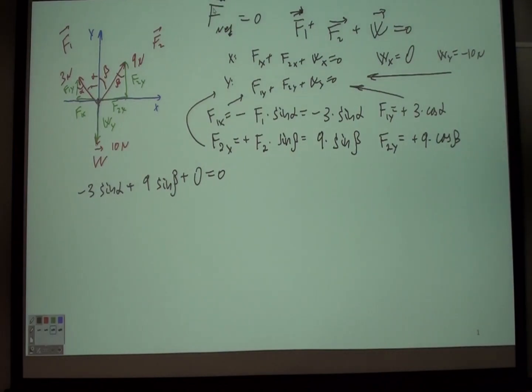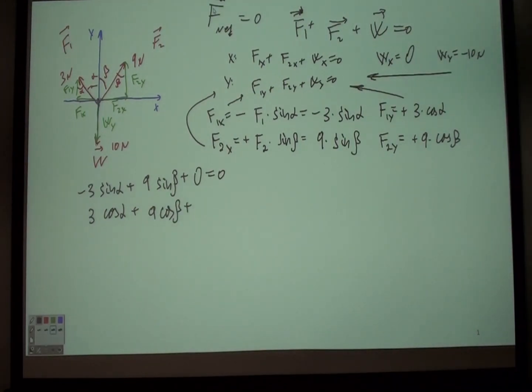Moving on to the y components. 3 cosine alpha plus 9 cosine beta plus, it's always a plus, but the component is negative, negative 10 equals 0.